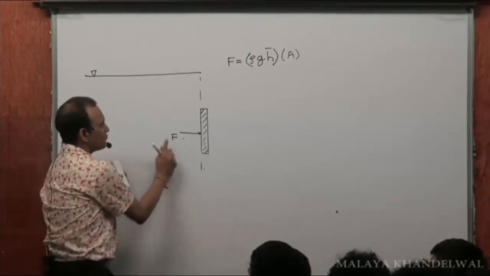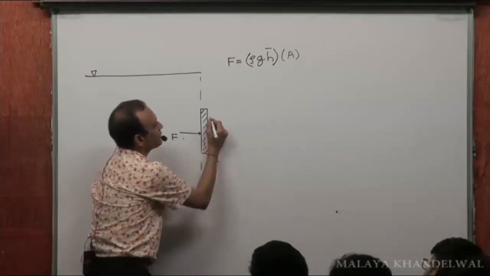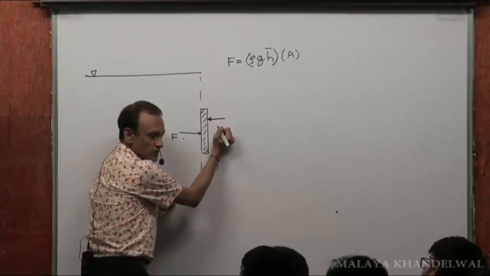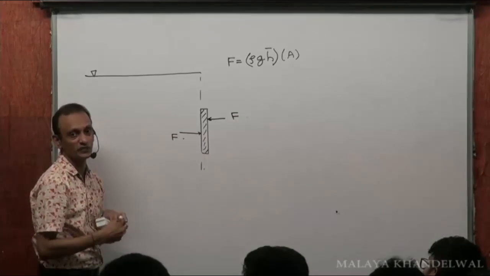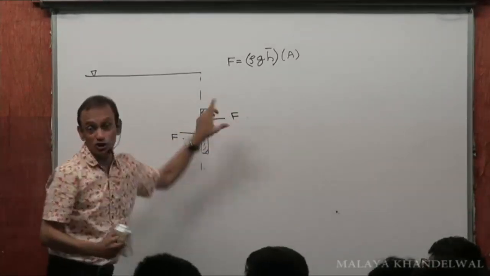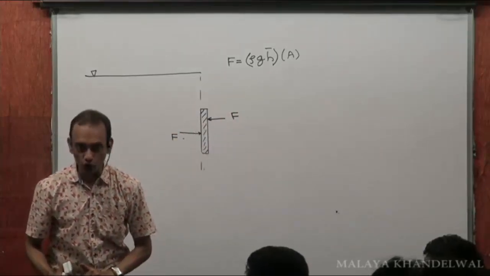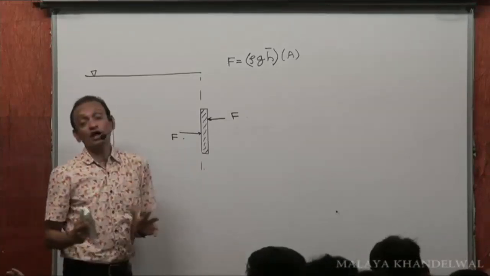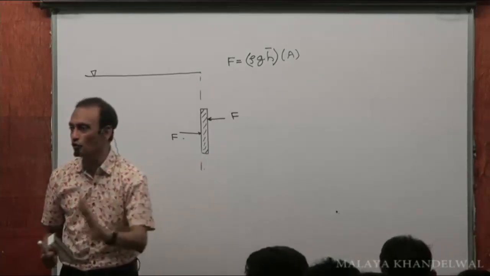Because if the hydrostatic force is like this, and my mechanical system exerts on this a force F like this, it will maintain translational equilibrium, but it will rotate. There is going to be a non-zero torque acting on this. Yes or no? So it is not enough to know F to maintain equilibrium of this gate.